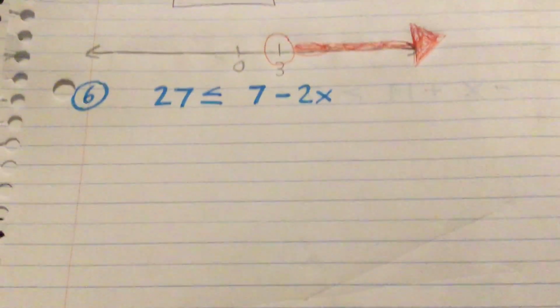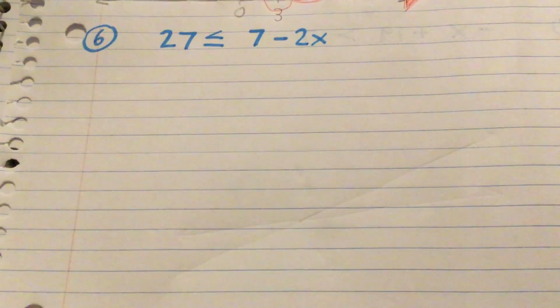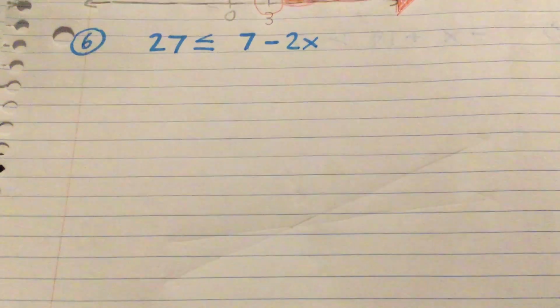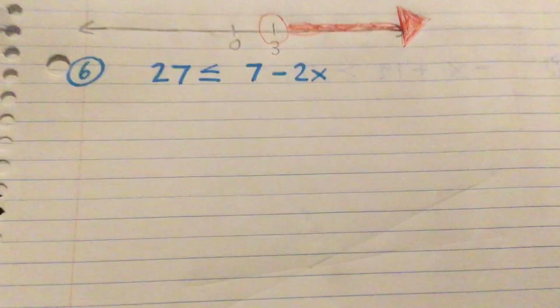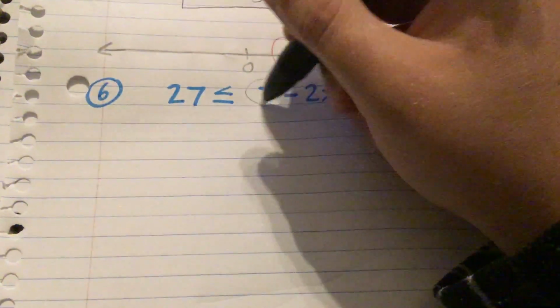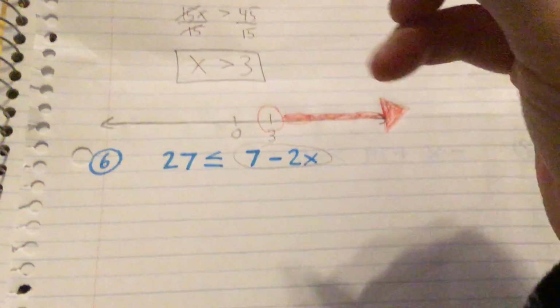All right. Oh, man. So now I've got 7 minus 2x on the right side. Okay. So now we've got the 7 minus 2x.